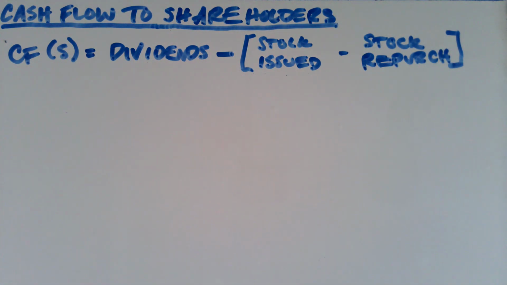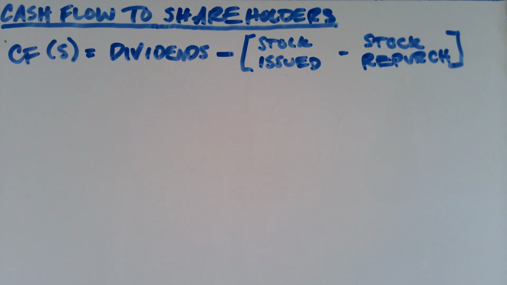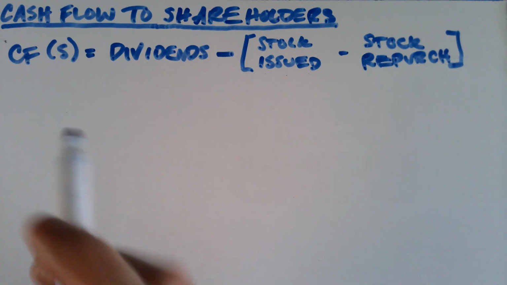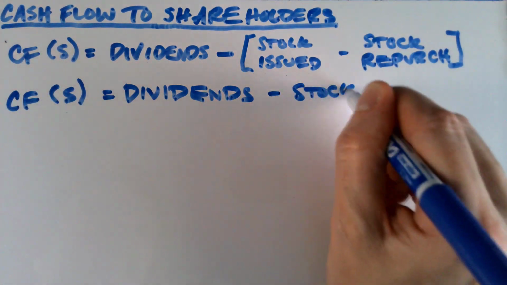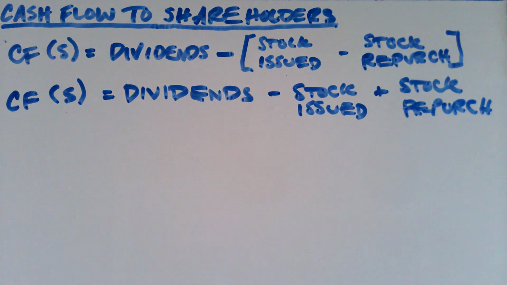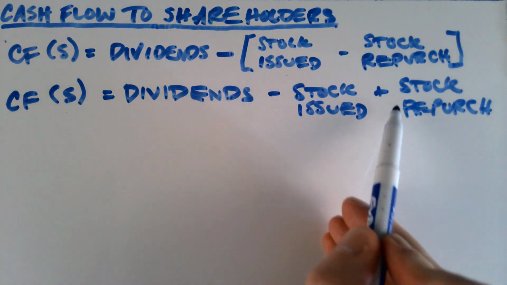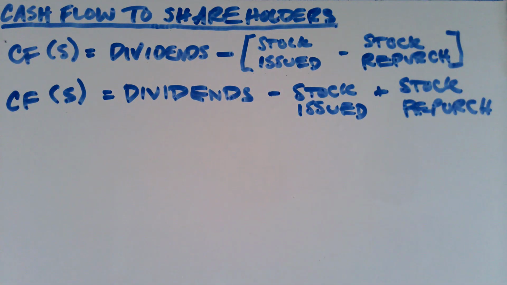Now let's see what we can do with this equation algebraically. The first thing I'm going to do is distribute this negative sign over here into the brackets. Notice that minus times minus is plus. Minus times the plus that's there is minus. So that's how we do that. Now we can manipulate this around and find different things of interest.